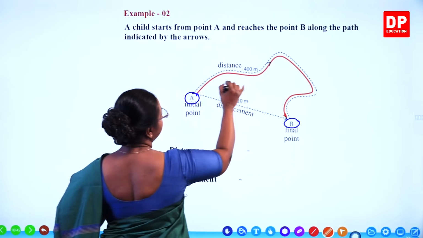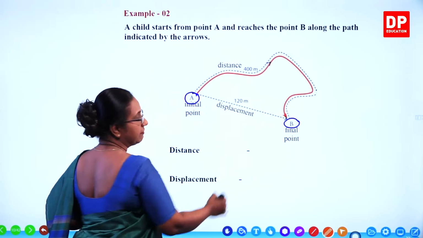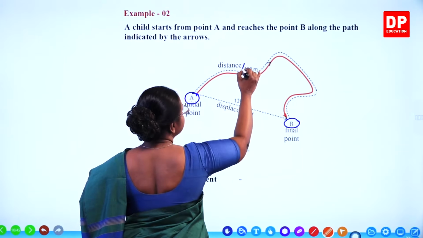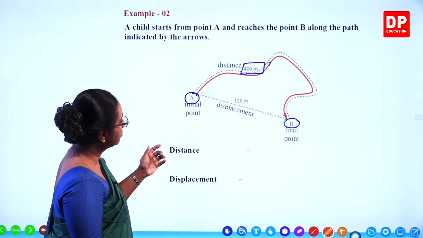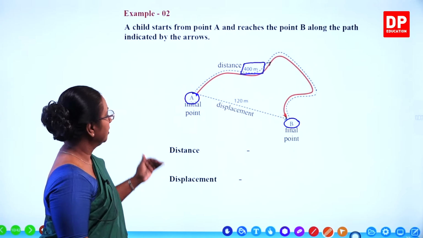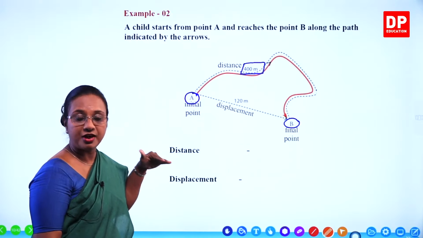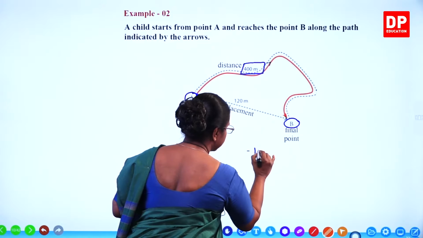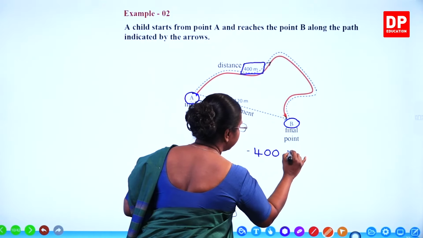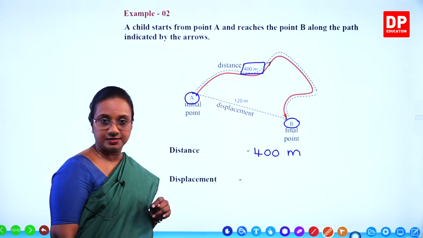And the path taken by the child, there is only one path and the distance is given as 400 meters. So there is no calculation for you all. You know the distance traversed by the child is 400 meters. We only write the magnitude for this.